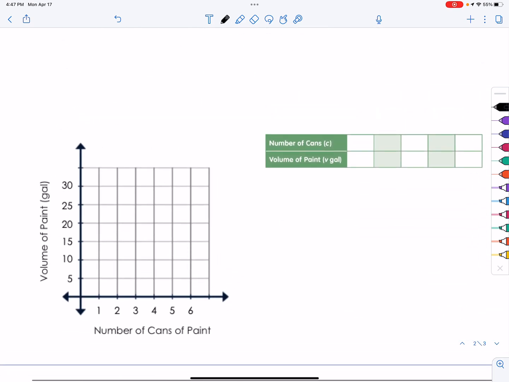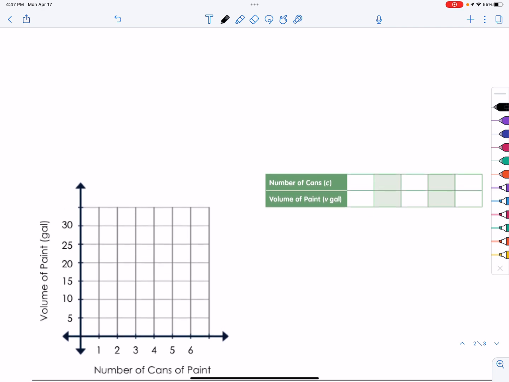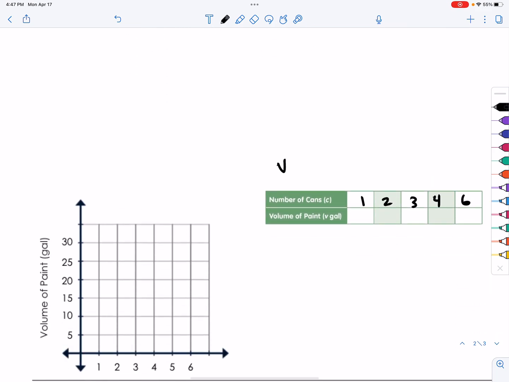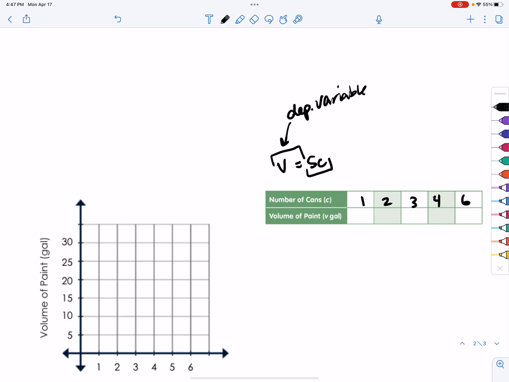So we can pick any number of cans that we want. We'll just do 1, 2, 3, 4. I'm just going to pick 6 then. And I know that if I am substituting and solving, my volume is going to equal 5C. And again, if you notice, the variable by itself is our dependent variable because its value depends on the calculation that we do on the right side.